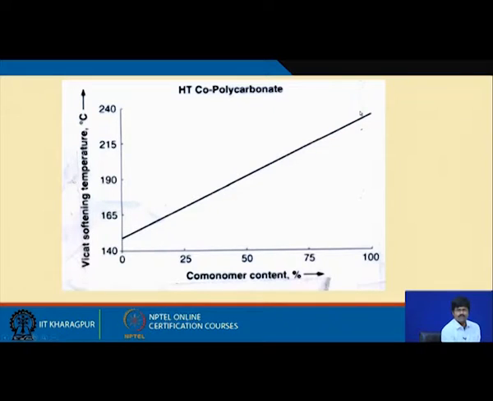This gives the utility of the material, because beyond this temperature the material cannot be used. So, you use it at a temperature which is lower than that, typically slightly lower than your glass transition temperature. This has a linear relationship with co-monomer content. This is the high heat copolycarbonates or PCHT. We already talked about this. Okay. So, let us come back to our script.